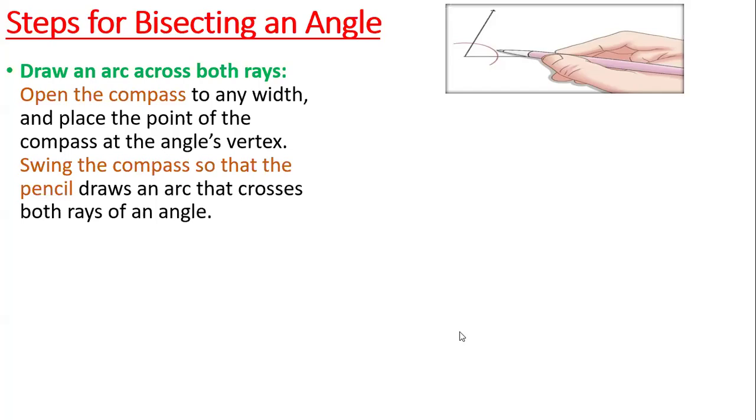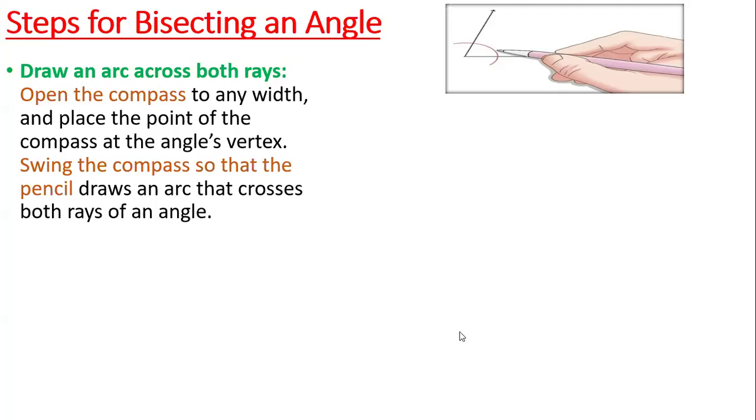Read the first step for me. Draw an arc across both rays. Open the compass to any width and place the point of the compass at the angle's vertex. Swing the compass so that the pencil draws an arc that crosses both rays of an angle. Very good.